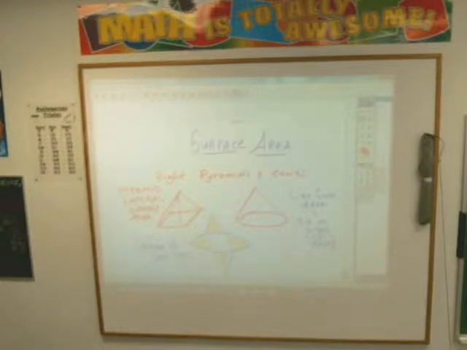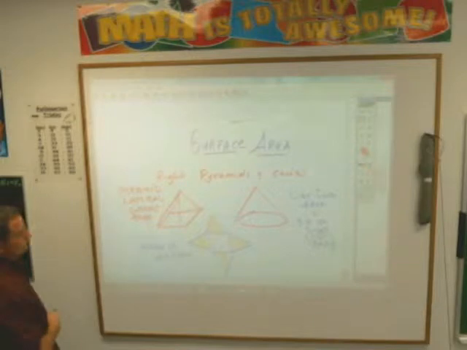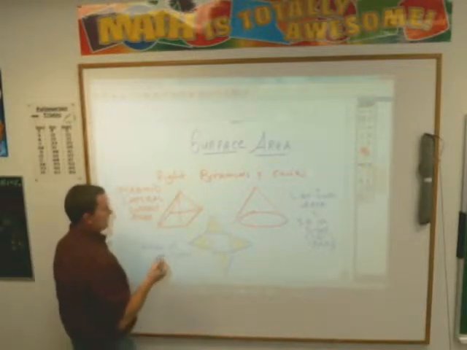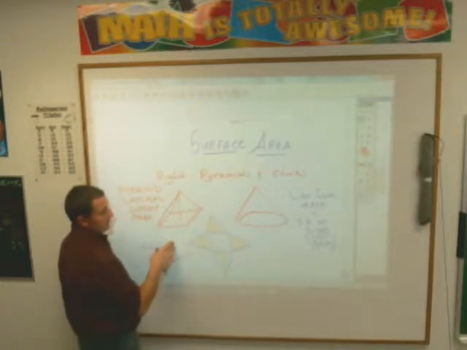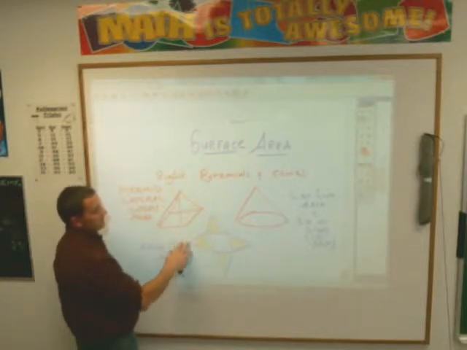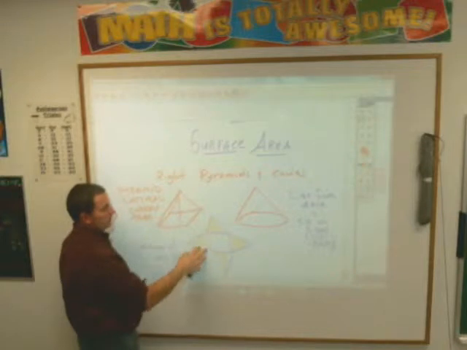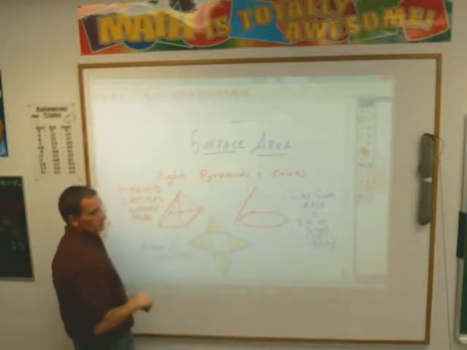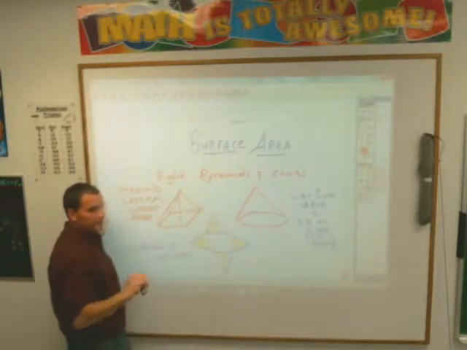Kendall says, base times height, then half of it, and then times surface area of all sides. Well, I like where you're going with that base times height, but it has to be the base and the height of the side cut in half, because it's a triangle. Actually, in this case, what did we call the height of the triangle?